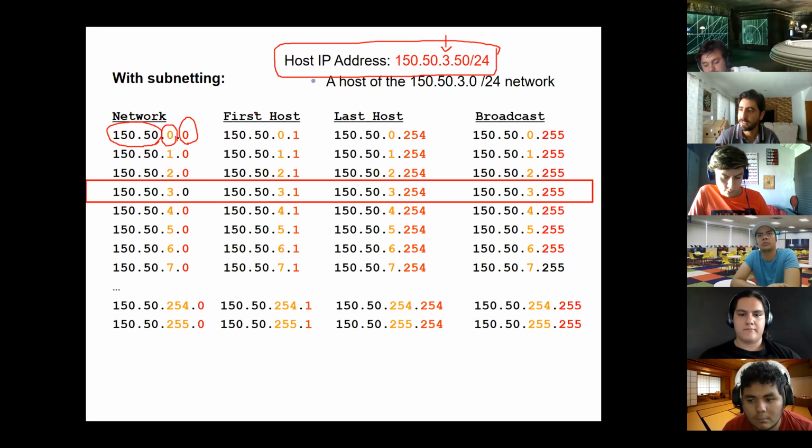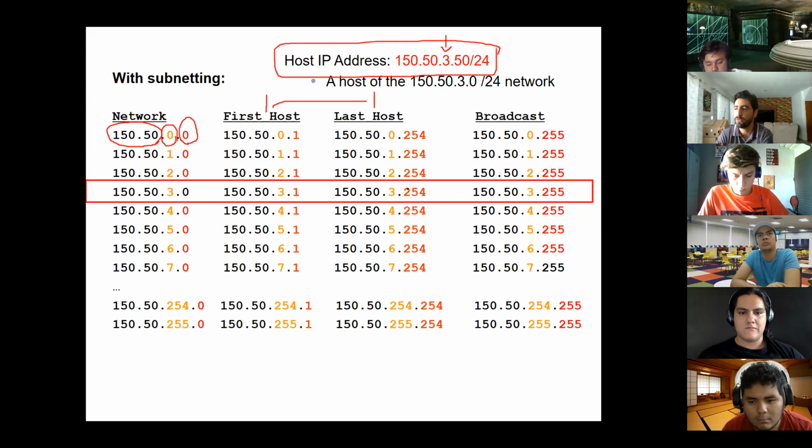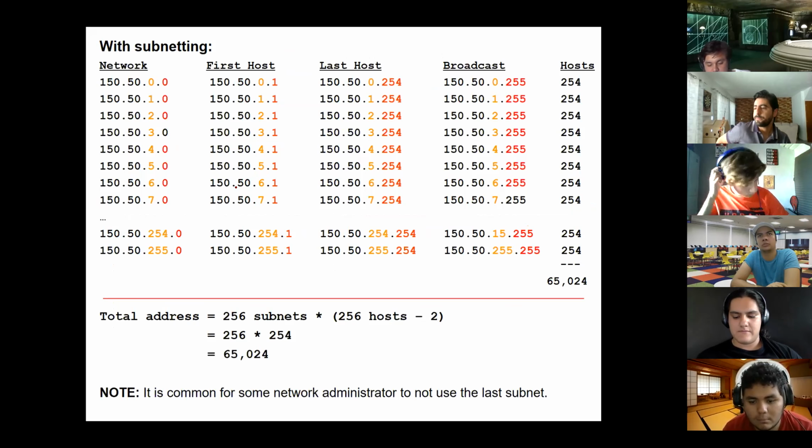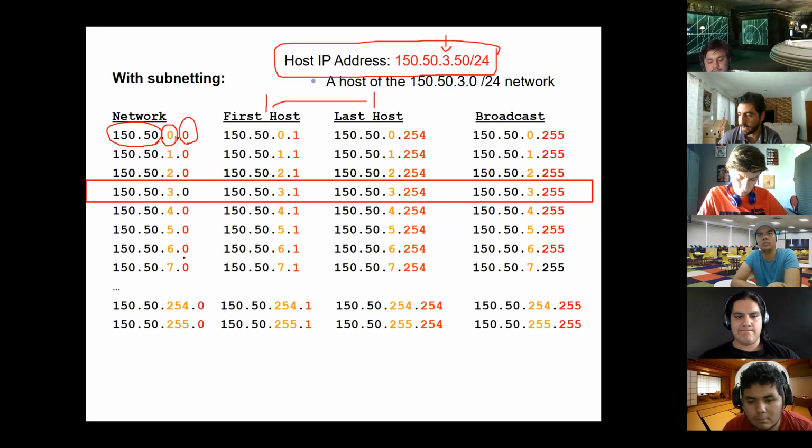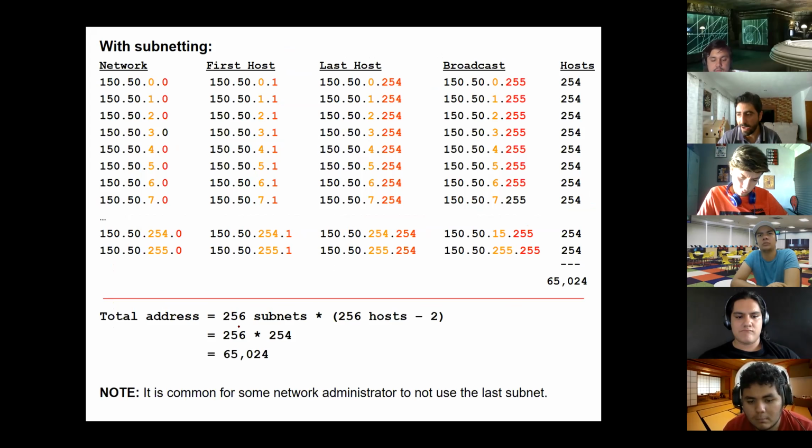As you can see, this is the range. This is the first host, and this is the last host. This is a range: 150.53.1, 2, 3, 4, 5, all the way to 254. The interesting thing here is that you have 256 subnets, and 256 minus 2 hosts per subnet.